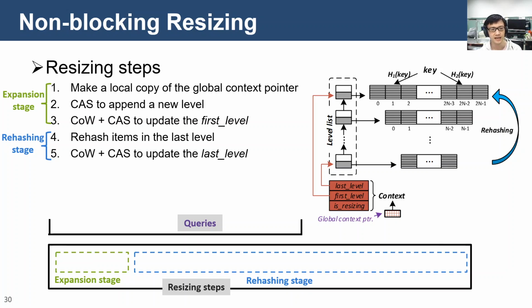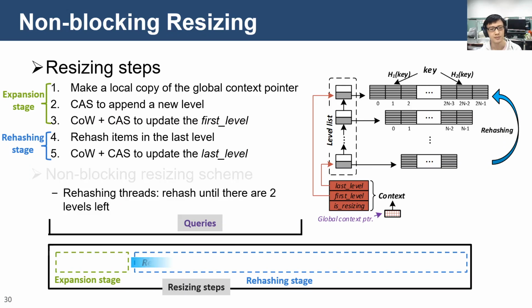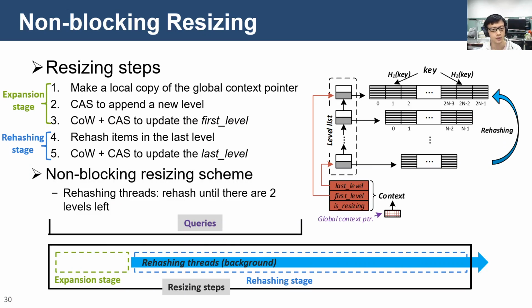In order to mitigate the performance degradation due to resizing, we leverage background threads called rehashing threads to execute the rehashing stage until there are 2 levels left. Hence, worker threads only execute the expansion stage so that the resizing no longer blocks concurrent queries in other threads.